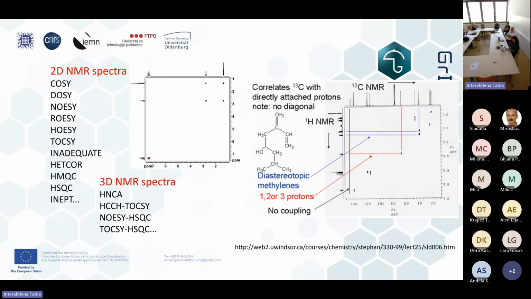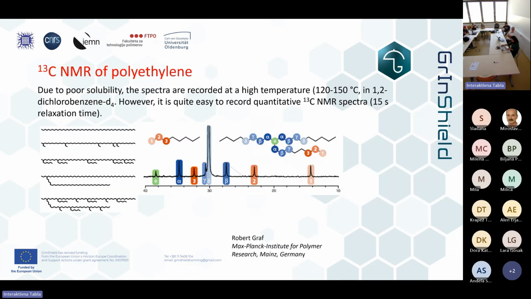We see which proton corresponds to which carbon, and from the intensity in the proton spectrum, we can also define whether it is CH2 or C and so on. There are also some 3D NMR spectra, but I never came across them, so I don't know much about them. Probably they are used more for proteins and bio stuff.